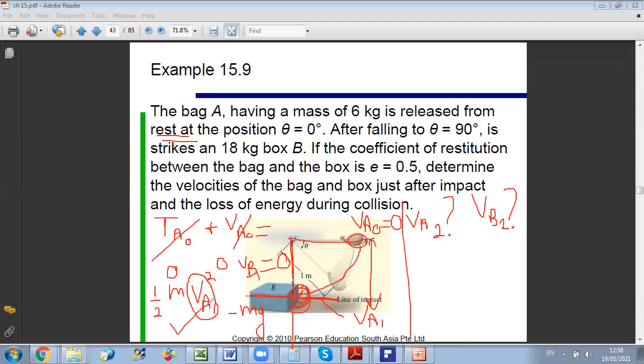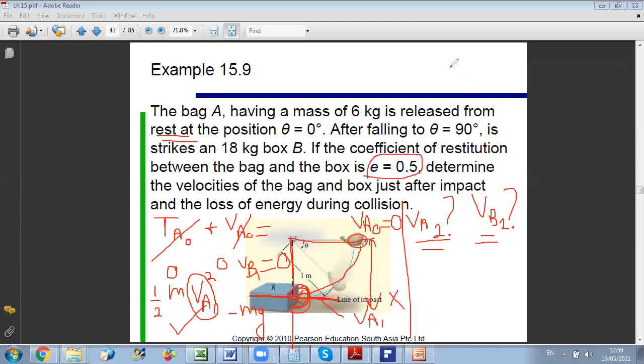Once we calculate VA1, now we will apply the collision equations to get VA2 and VB2. As we said, since it is a central collision, we have two equations. One: we take system A plus B and write conservation of linear momentum along the line of impact, which here is X. And the second relation that you will write is from the restitution coefficient.